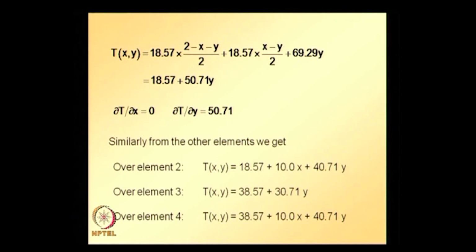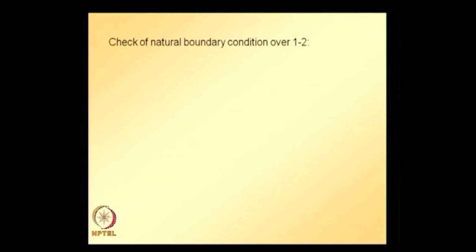And also we can check how accurate the solution for T1, T2 and T5 that we obtained is by plugging it into the natural boundary condition along side 1, 2. So, this is the natural boundary condition that is given along side 1, 2, and the partial derivative of T with respect to n is defined as the partial derivative of T with respect to x times the direction cosine component nx plus the partial derivative of T with respect to y times the direction cosine component ny.